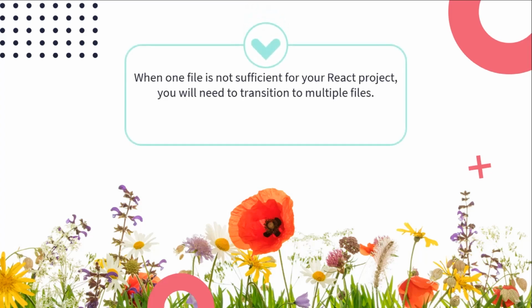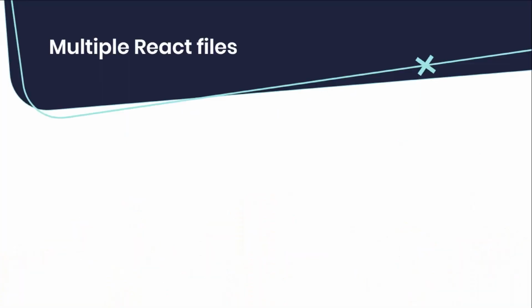However, in this scenario, eventually one file will not be sufficient for your React project. That's when we transition into step 2, having multiple React files. And this step follows the rule, multiple files rule them all. Take for instance our previous app component with its list and list item components. Rather than having everything in one src app.js file, we can split these components up into multiple files.